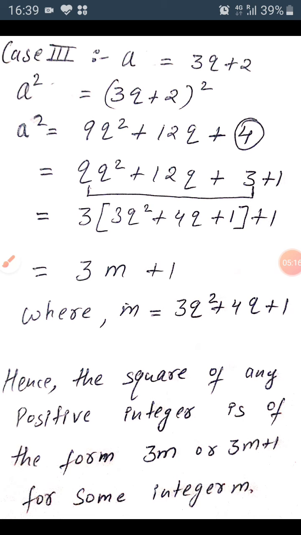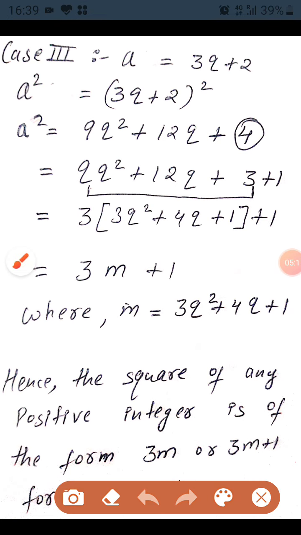Now split 4 as 3 plus 1. We can write 4 as 3 plus 1. Now take 3 common from the first three terms: 3 times 3q square plus 4q plus 1, plus 1.